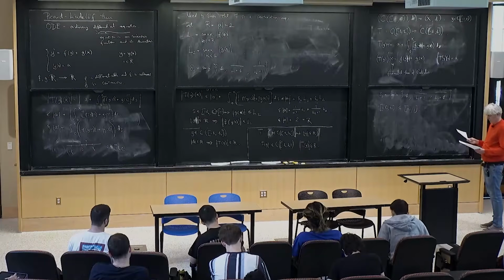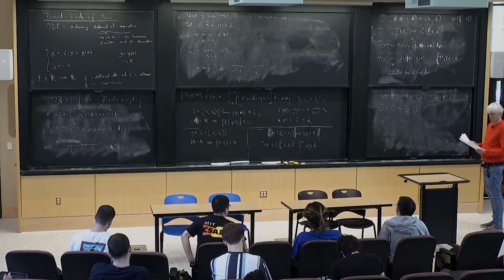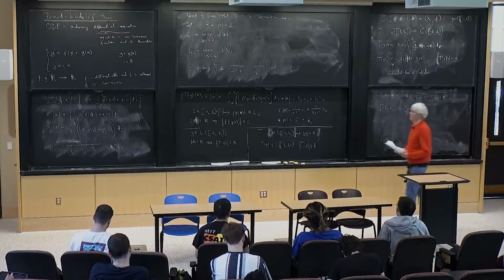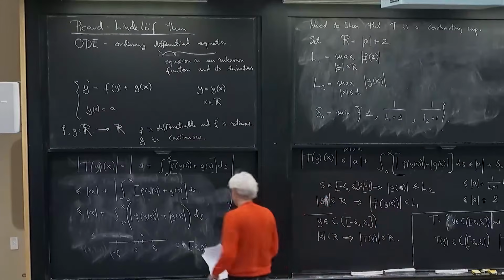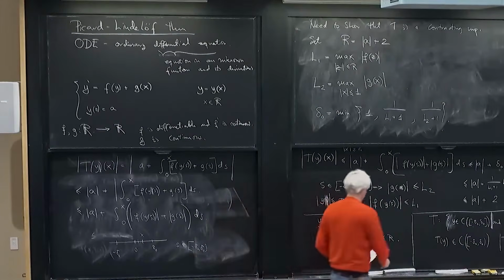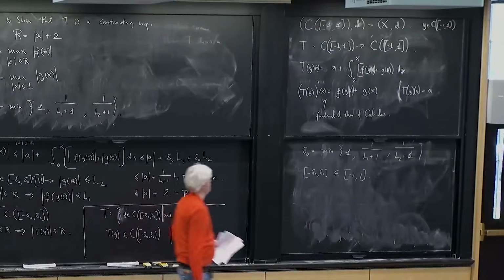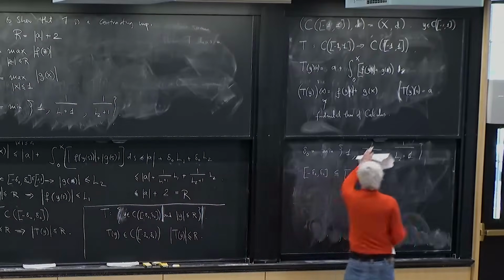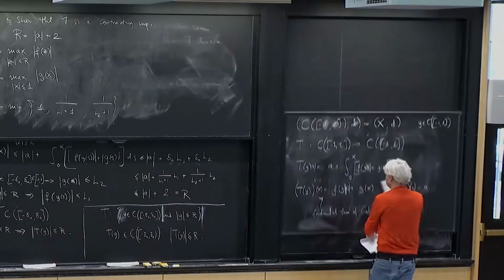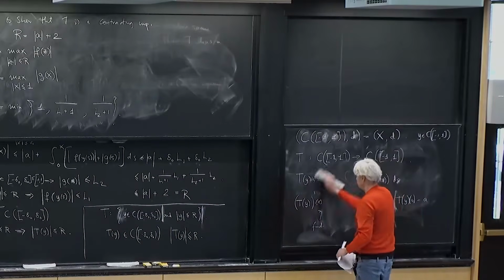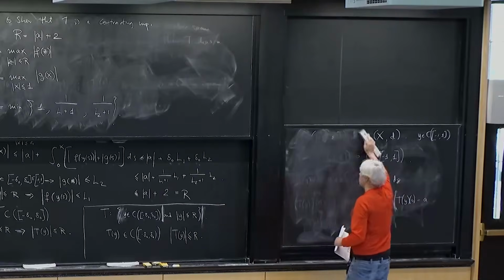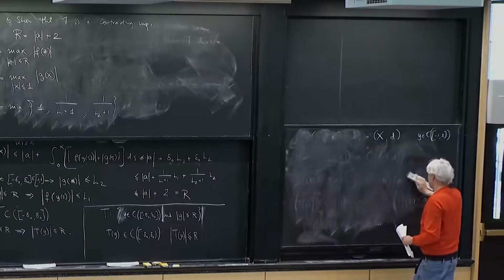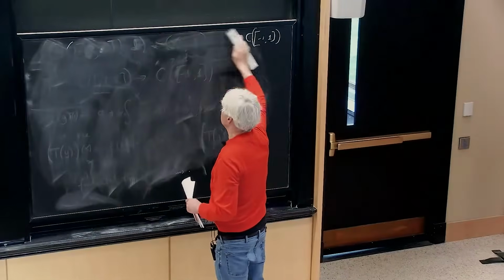Now, the next thing we want to prove is that the map is contracting, okay? You see that you need, if the space is not stable, right?